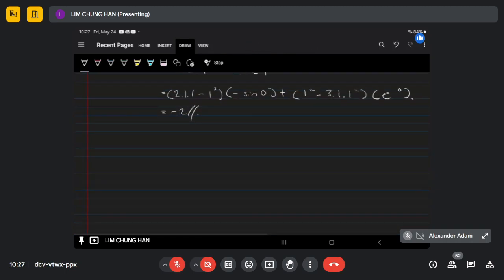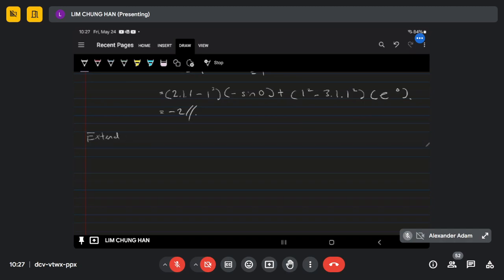What we can also do is extend the concept even further. One way we can extend the concept is to introduce even more intermediate variables.